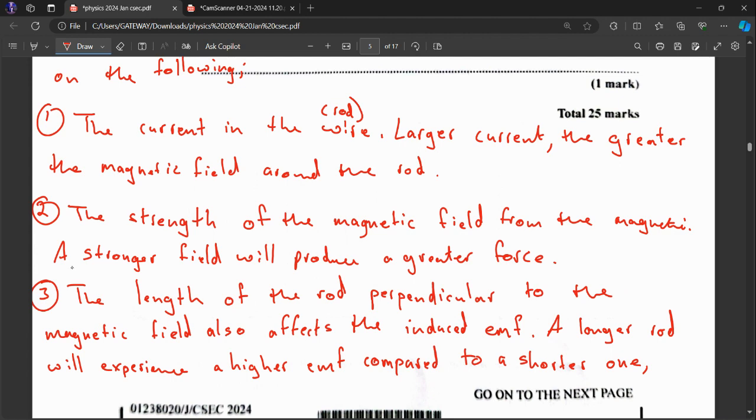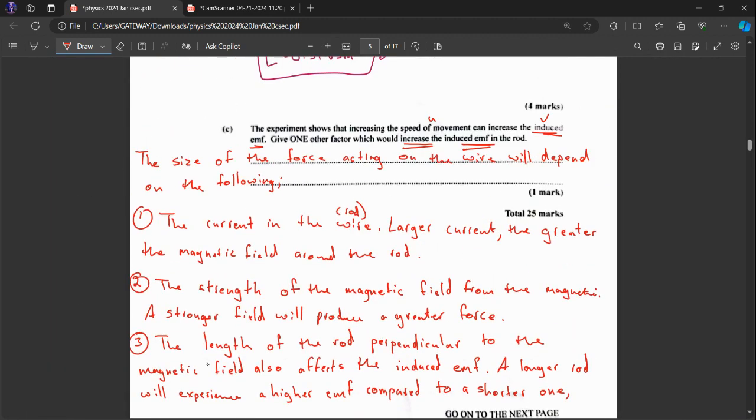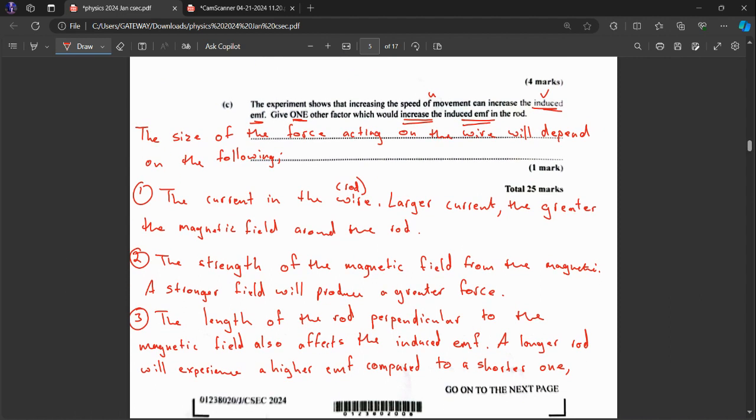Very important. Given the same velocity and magnetic field strength, you would expect this to happen. I'll leave it as that for now because of the space. But yeah, these are just some options, in which it just needed one factor, but I give you three for future reference. That was basically question one for 25 marks. It was pretty simple and straightforward.